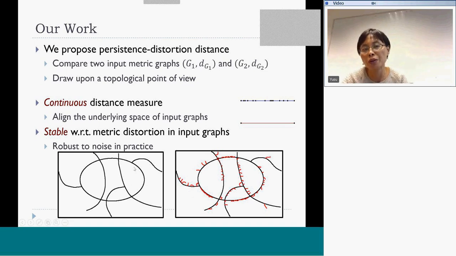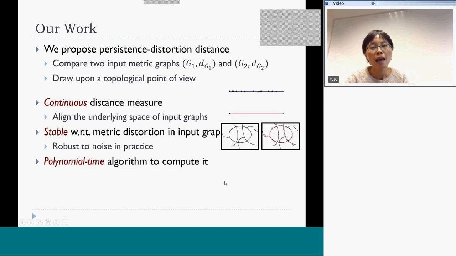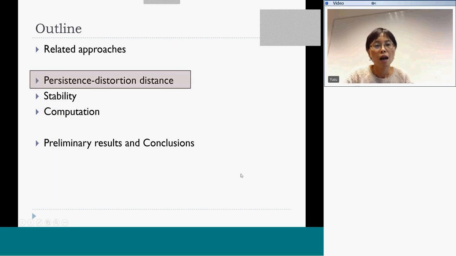This is an important property to have in practice because it implies that this measure is robust to this type of noise. And this measure is continuous. It considers all the points in the underlying space of the graph. We show that we can actually have a polynomial time algorithm to compute this.